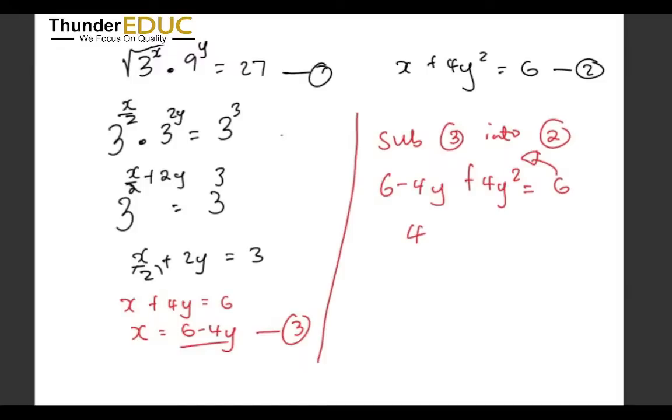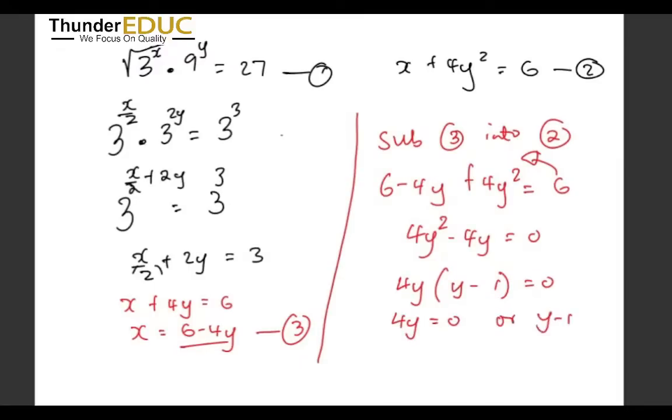Which means I'm left with 4y squared minus 4y, giving me a 0. Take out what is common, which is the 4y. I have y minus 1. So either 4y is a 0 or y minus 1 is a 0, which means y should be a 0 or y should be a 1.